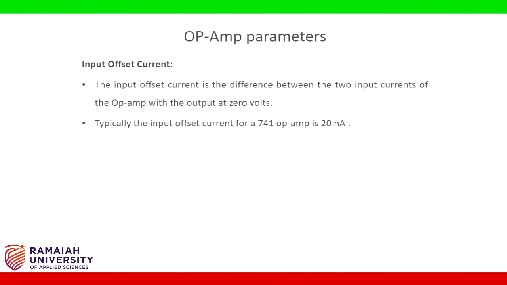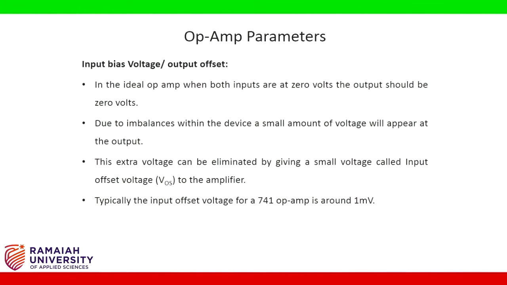Input offset current. The input offset current is defined as the difference between the two input currents of the op-amp with the output at 0 volts. Typically, the input offset current for a 741 op-amp is 20 nanoamperes. Input offset voltage. In the ideal op-amp, when both inputs are at 0 volts, the output should be 0.